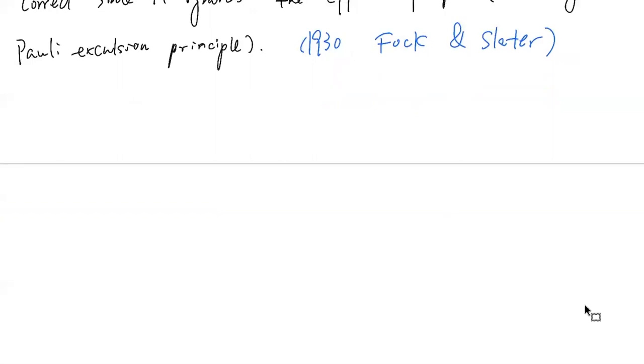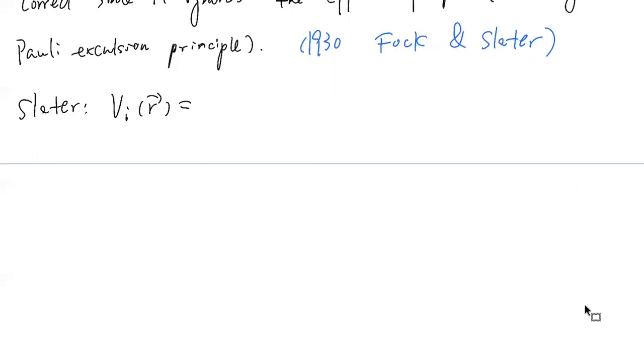Slater's contribution is really about another physical way to view this average potential. For a single electron in a bunch of electrons, the Coulomb interaction felt by this electron is somewhat screened.